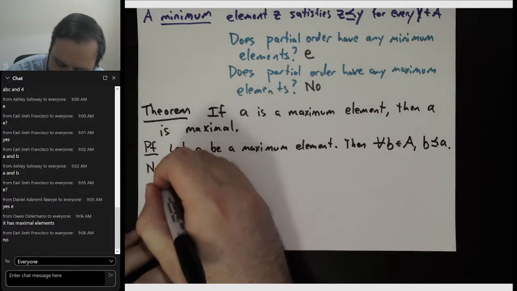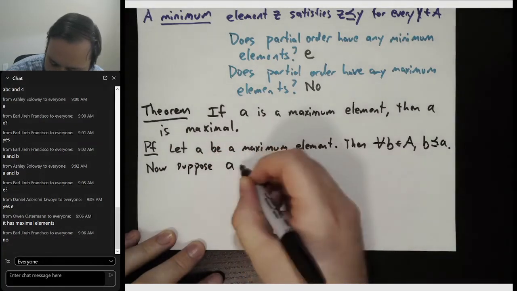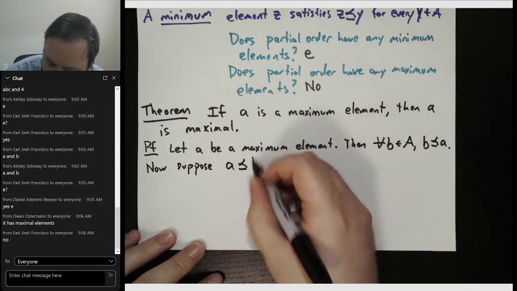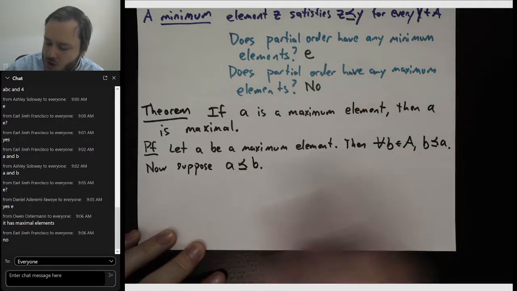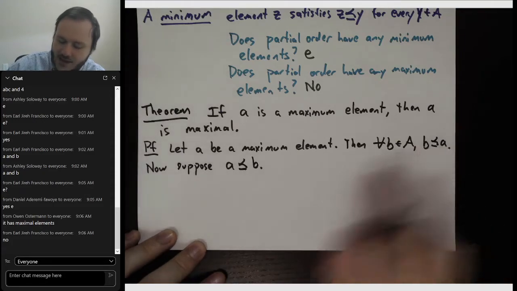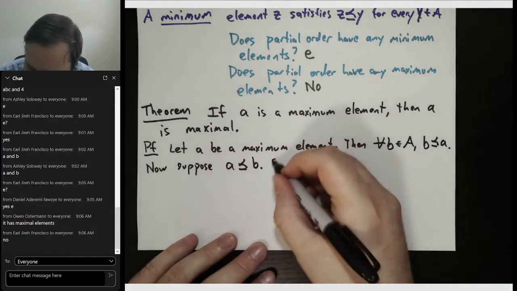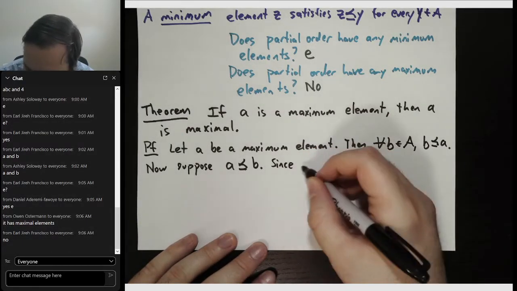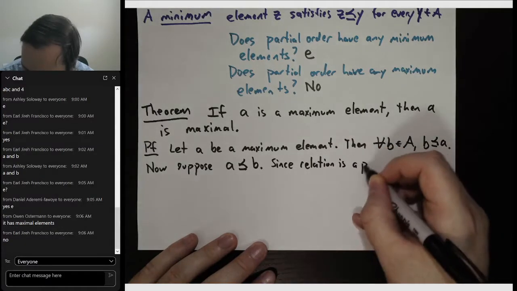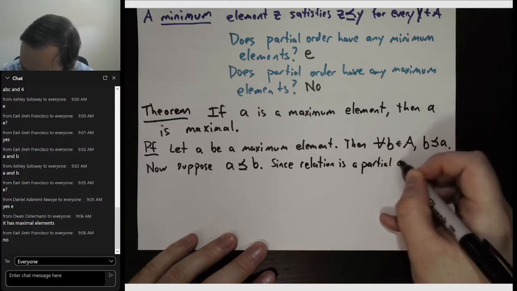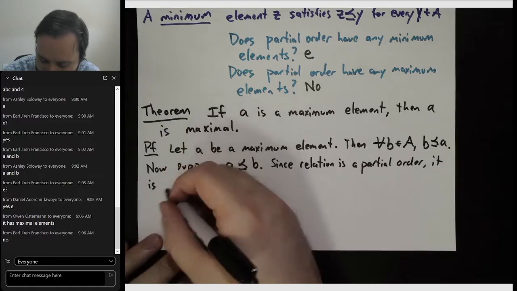So now suppose that A is less than or equal to B. We know B is less than or equal to A. So if A is also less than or equal to B, since our relation is a partial order, it is anti-symmetric.